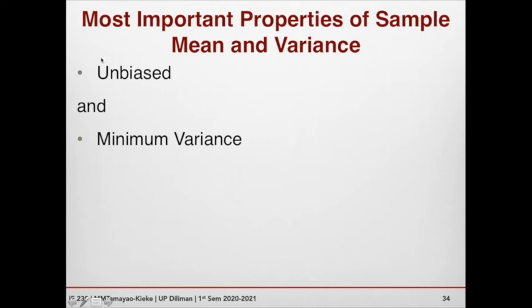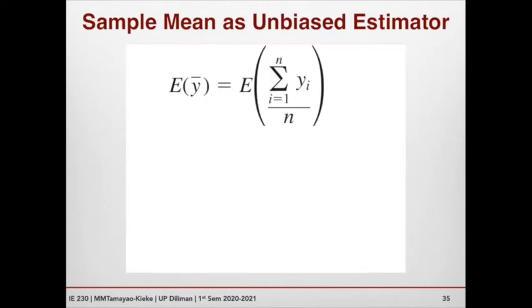So it's not enough that the estimator is unbiased. It should also have the minimum variance, which means that this estimator has a smaller variance than any other possible estimator.